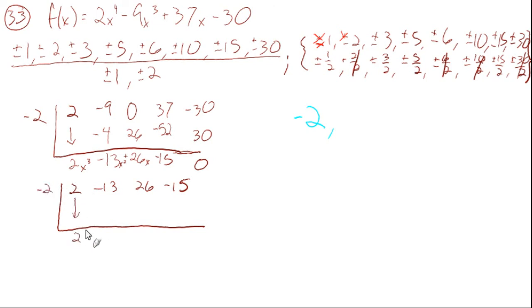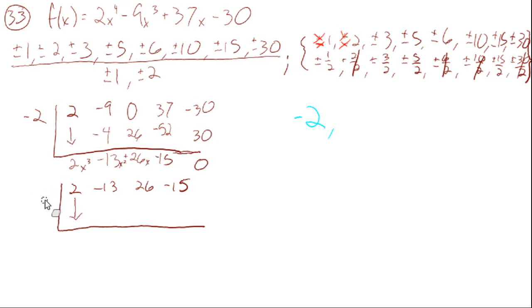So let's just try it real quick here. Negative 4, negative 17, positive 34, and that's never going to work. So now we know negative 2 is definitely done. It's out.